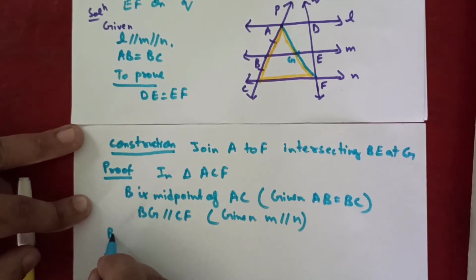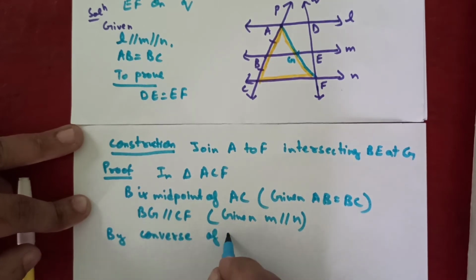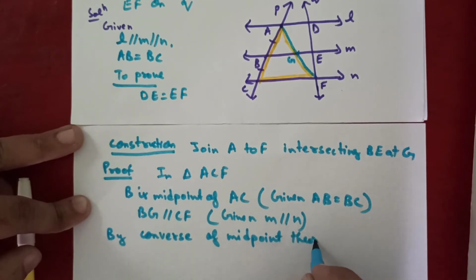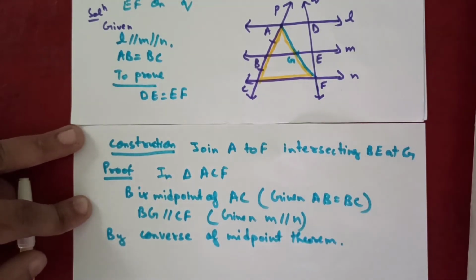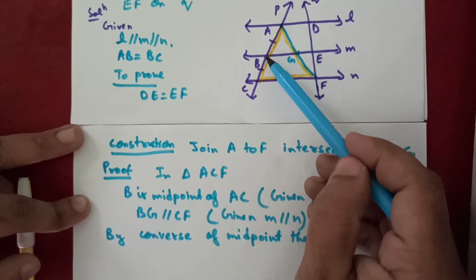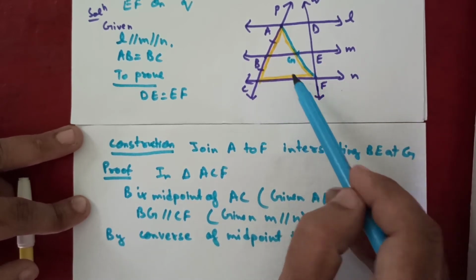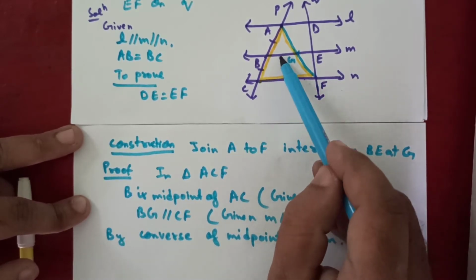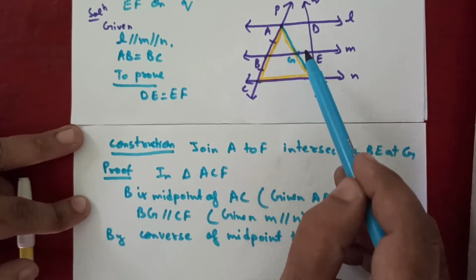So by converse of midpoint theorem, in triangle ACF, a line segment drawn from the midpoint of the side AC parallel to the other side CF will bisect the third side.